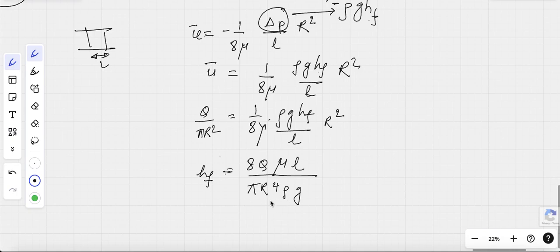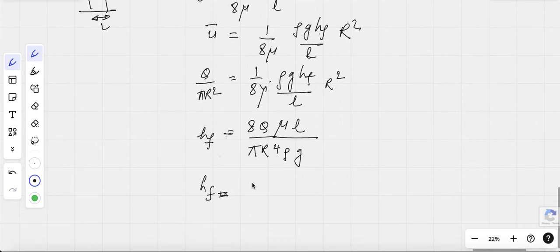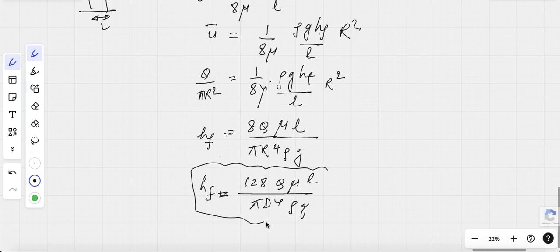I think this is right. Again we will convert this into D. So this is 128 Q mu L by pi d to the power of 4 rho g. This is Hagen-Poiseuille's equation.